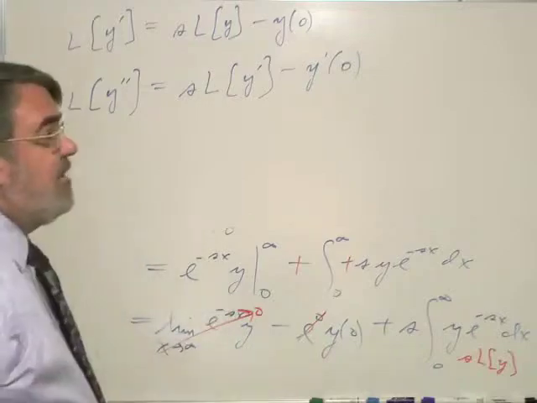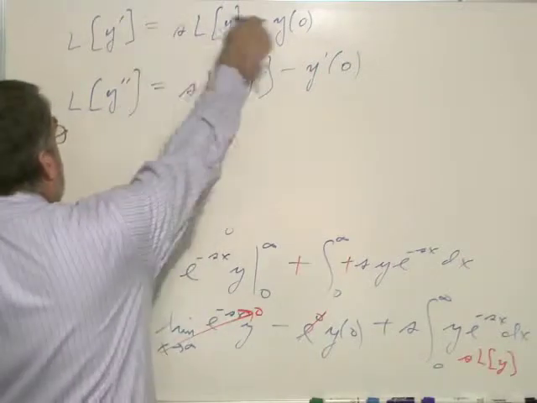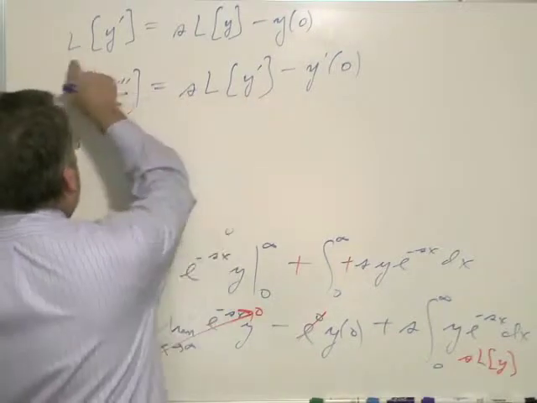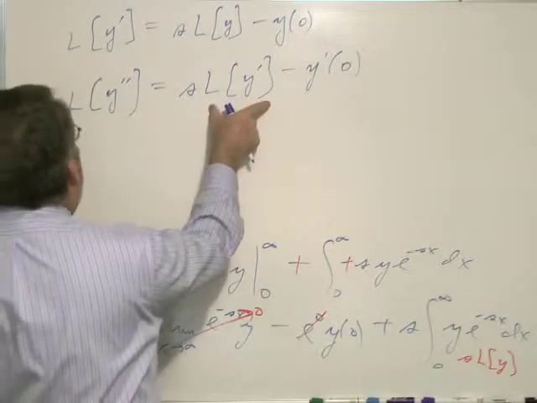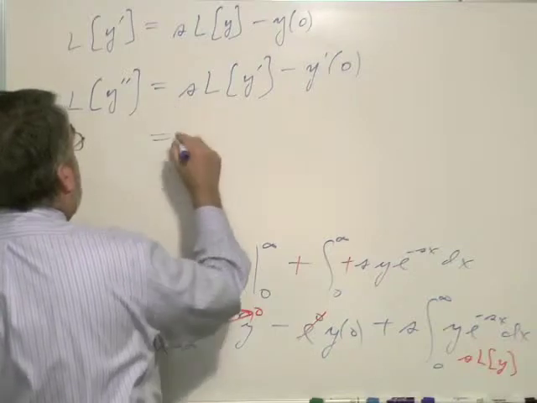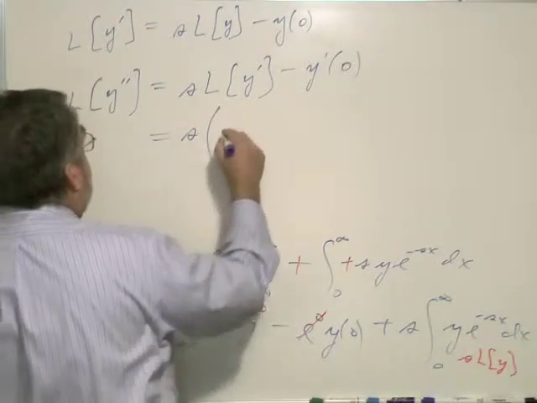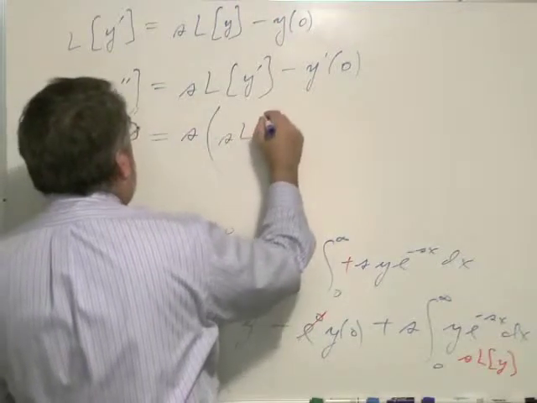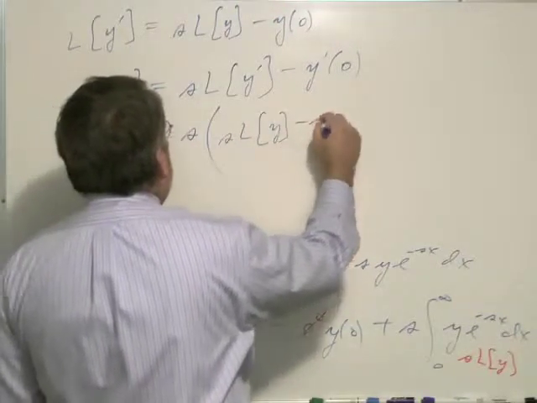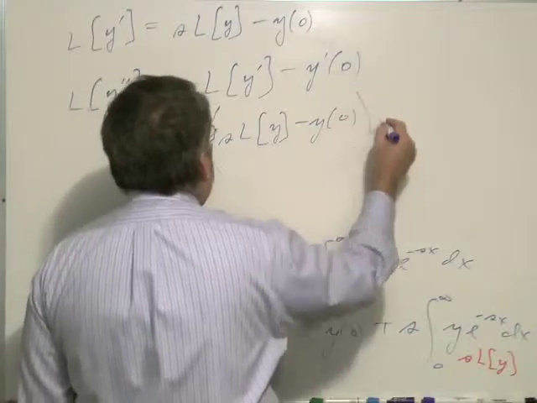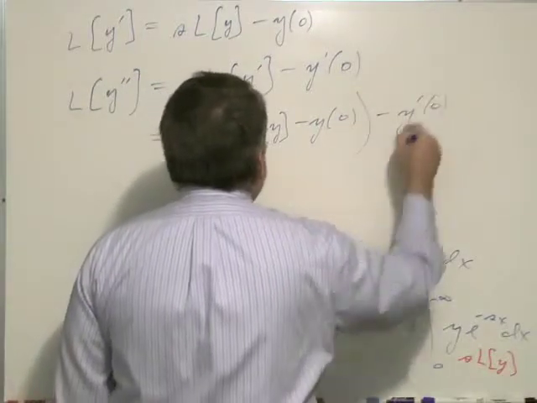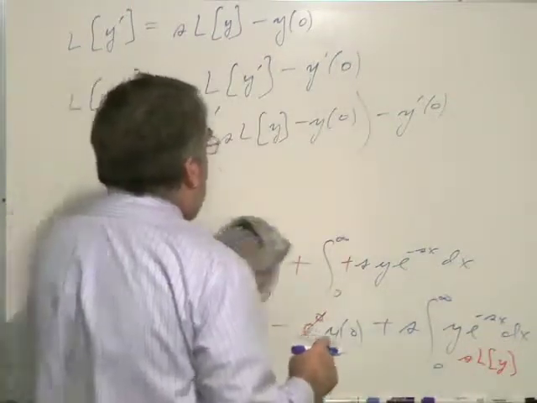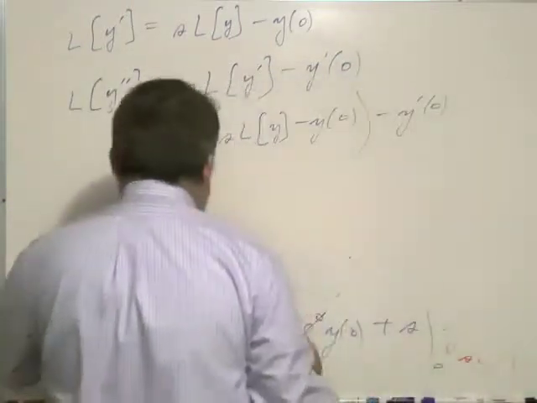So I just substituted the derivative of y into here, and then we have this expression for L of y prime, so this would be s times s L y minus y at 0, minus y prime at 0.